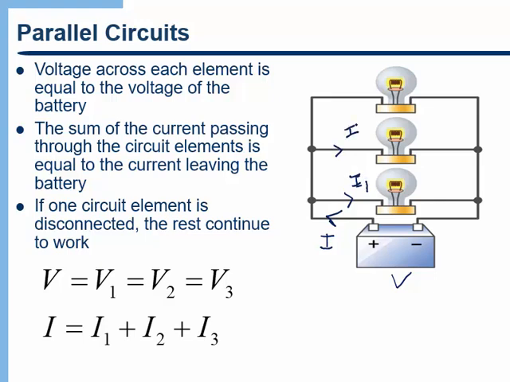And so the current through the three branches together has to equal the current that's coming out of the battery. The other important thing about a parallel circuit is that if one of our light bulbs burns out, it does not affect the other bulbs. In other words, if that filament burns out, the current can still flow through each of the other two bulbs. So one object burning out doesn't affect the others.